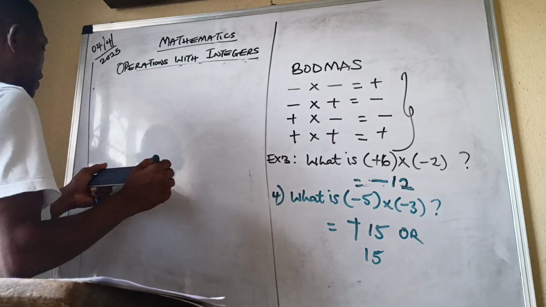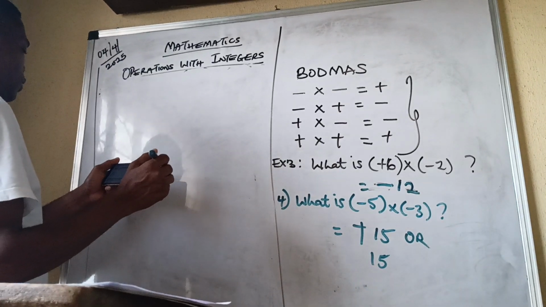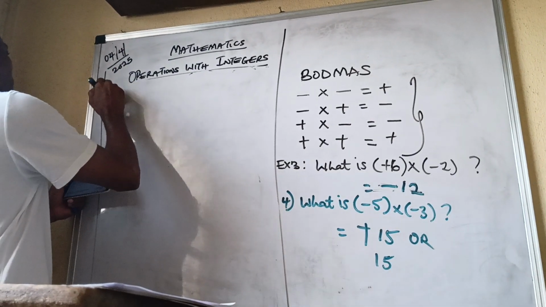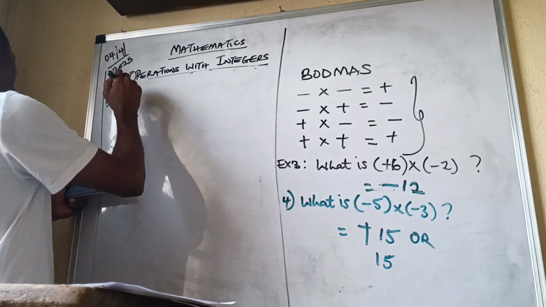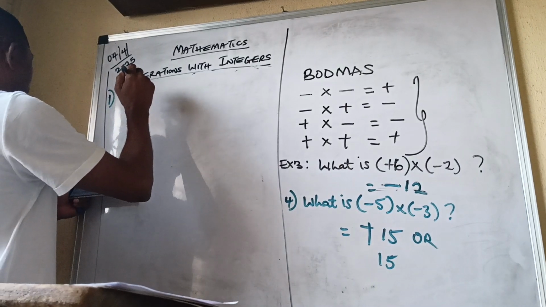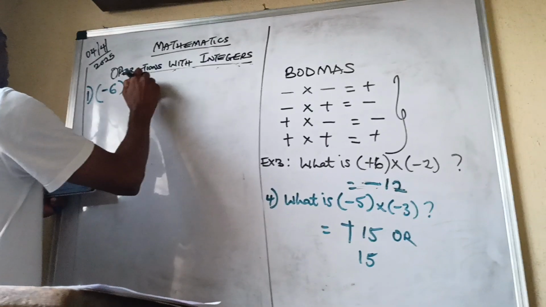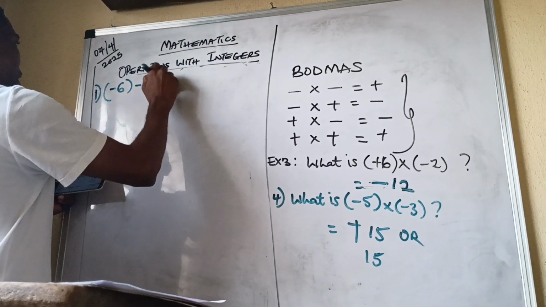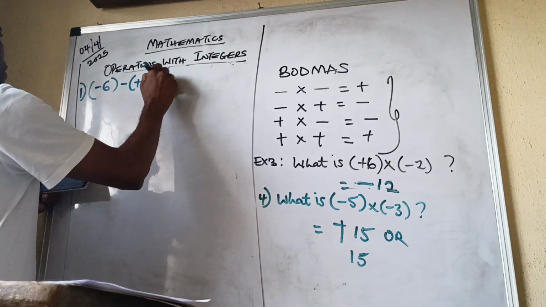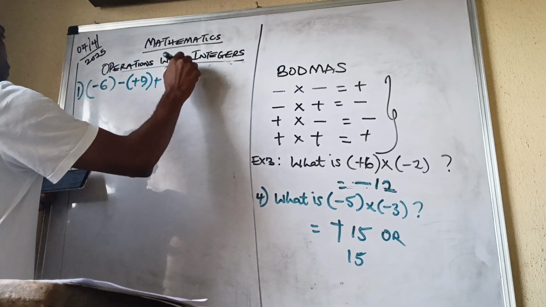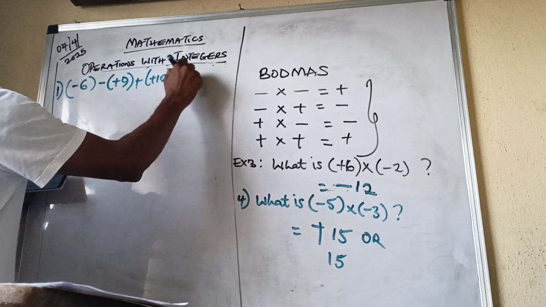Which of the following is equal in value? The first practice question. Which of the following is equal in value to minus 6 in brackets, minus plus 9, plus 12, minus 4.